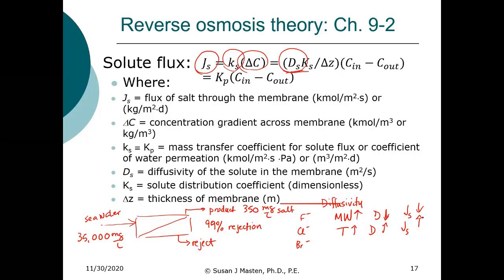It also means that in terms of designing, if you want a certain removal, you need to design for the highest temperature. You'll get better removal in winter, but that's your controlling situation, the high temperature. So you design for the high temperature in terms of the solute flux, and then you have better removal in winter.